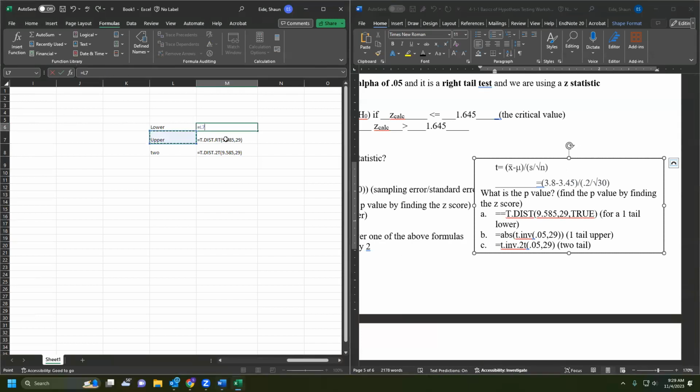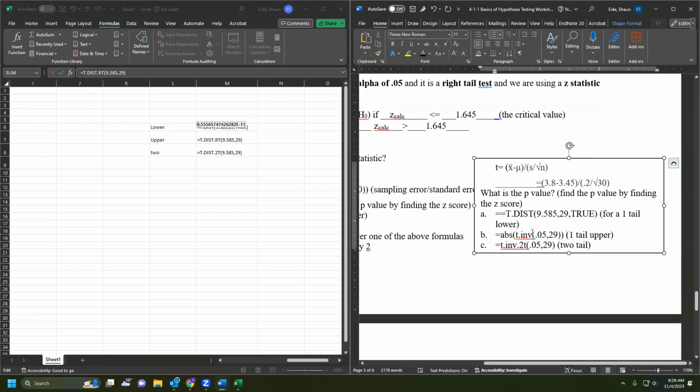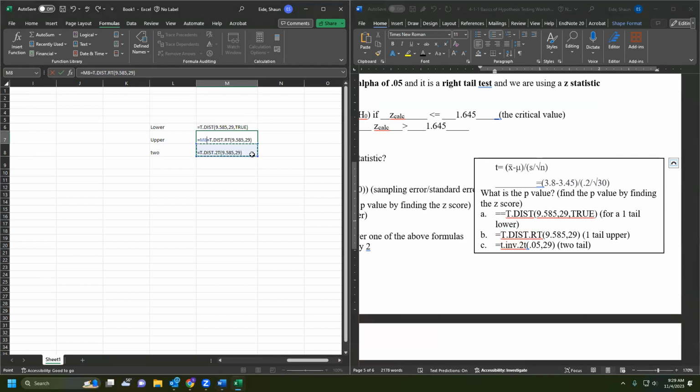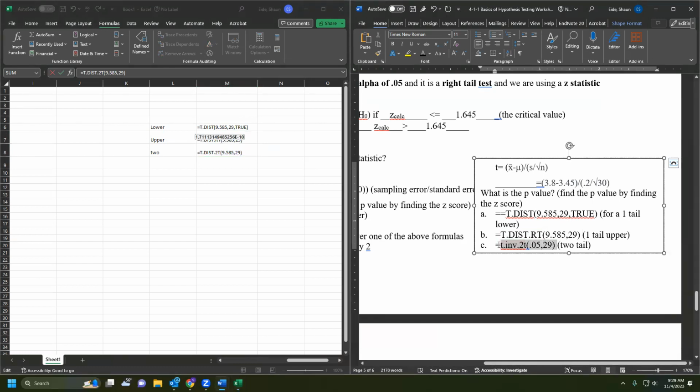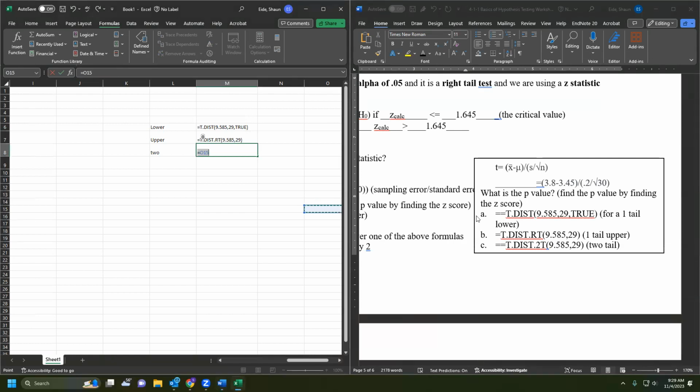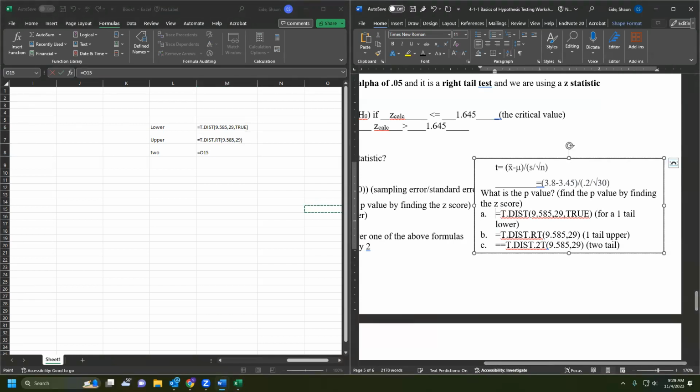And then upper, and then lower. Or sorry, two-tailed. And so I'll update that and upload it as well. But that's how you would do it for that.